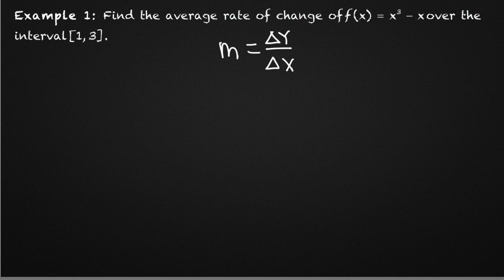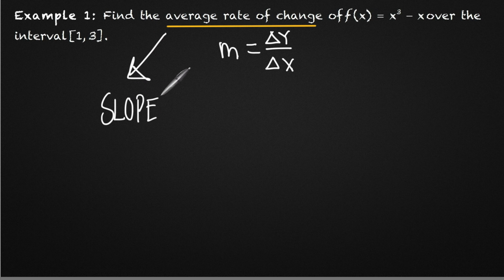So when you see average rate of change, from now on, I want you to think of the word slope. Just y2 minus y1 over x2 minus x1. That's just your average slope.